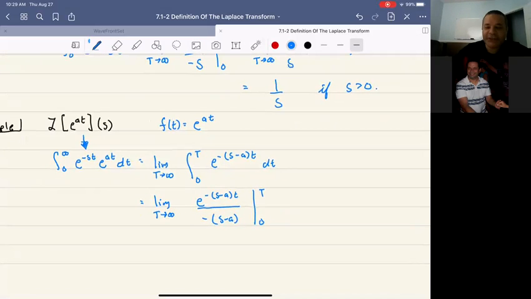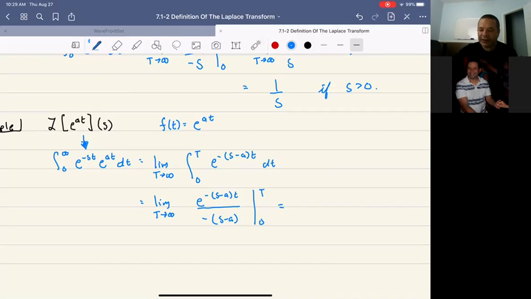Now, when I do this integral, what do I need in order for this to converge? I need s minus a to be bigger than 0. That's going to equal almost the exact same thing.